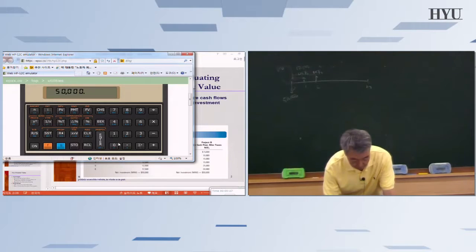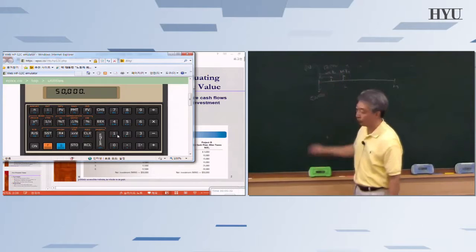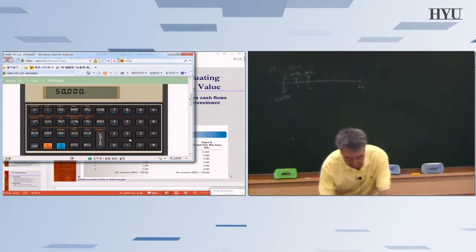And this is a cash outflow instead of a cash inflow, so you need to make it a negative number. Change sign, CHS here. Make it negative 50,000. Then press the blue key and CF0. Notice that 50,000 becomes 50,000.00, so the calculator is letting you know that it accepted your entry. It is now in the memory.